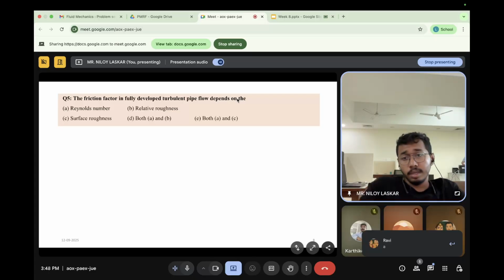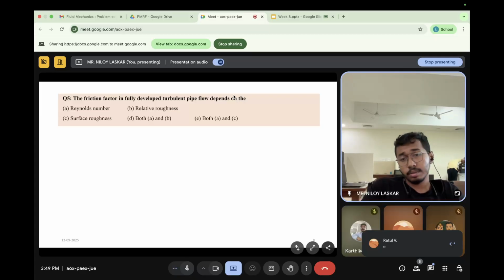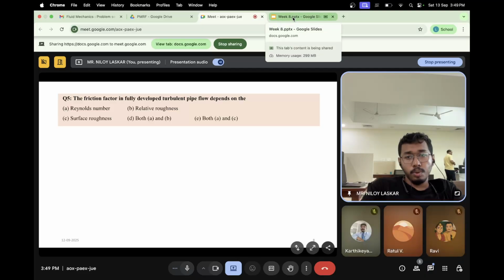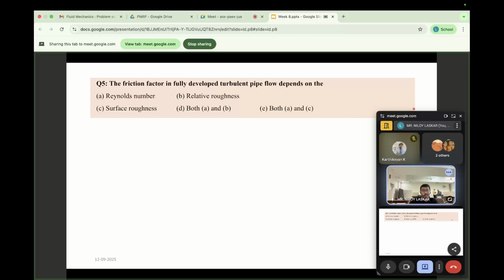Ravi, option A. Ratul, option E. Both are partially correct, but no one is fully correct.